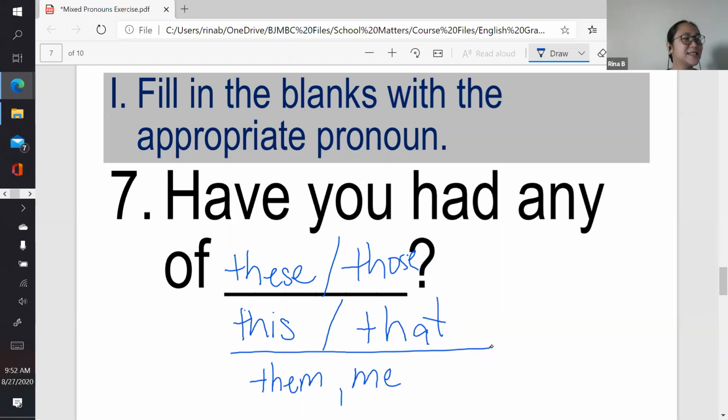Anybody else? I'm thinking of our indefinite pronouns also. So, have you had any of everything? It's kind of vague, but it can fit, no? So you can use indefinite pronouns also.